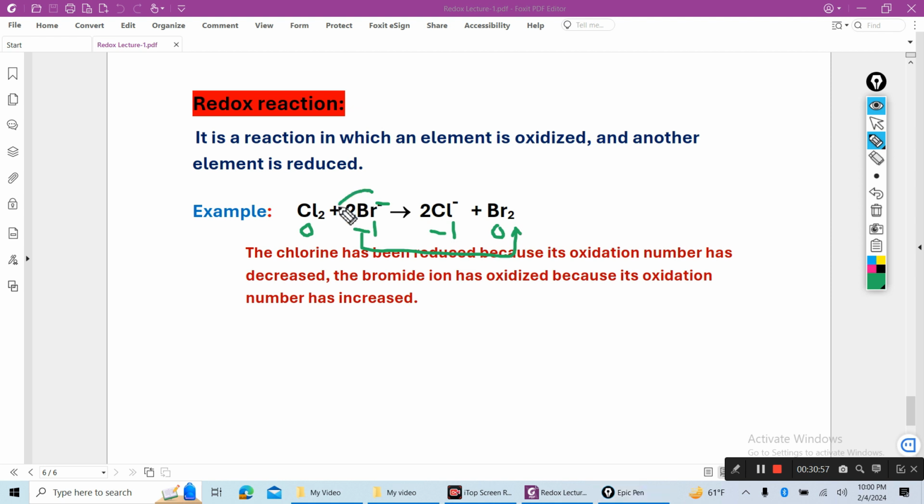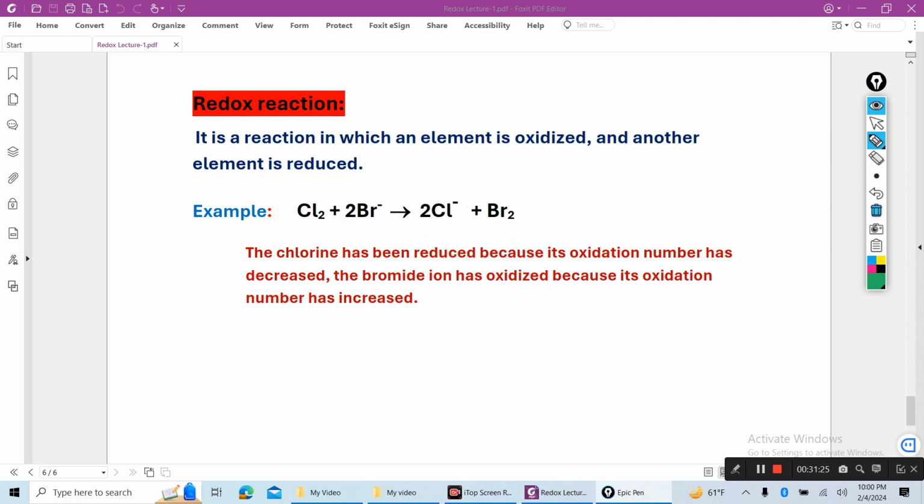Here bromide ion is oxidized because bromide ion loses electron, or oxidation number of bromide ion increases from minus 1 to 0. So bromide ion is oxidized. Now chlorine 0 to minus 1, chlorine gains electron, or you can write oxidation number decreases.